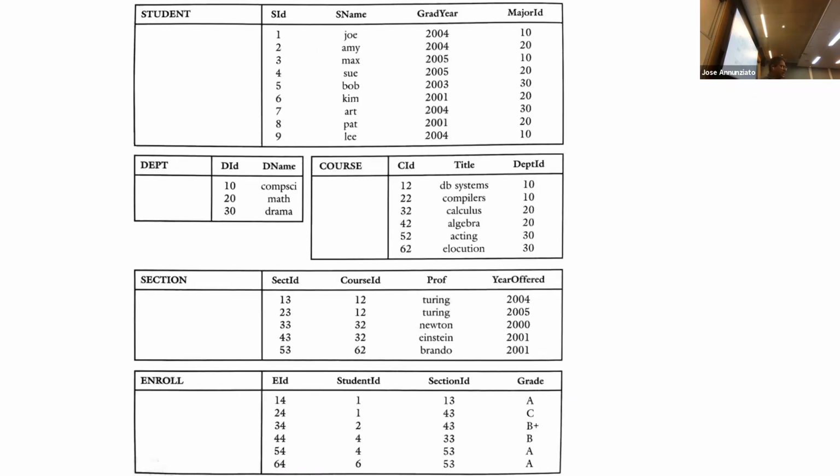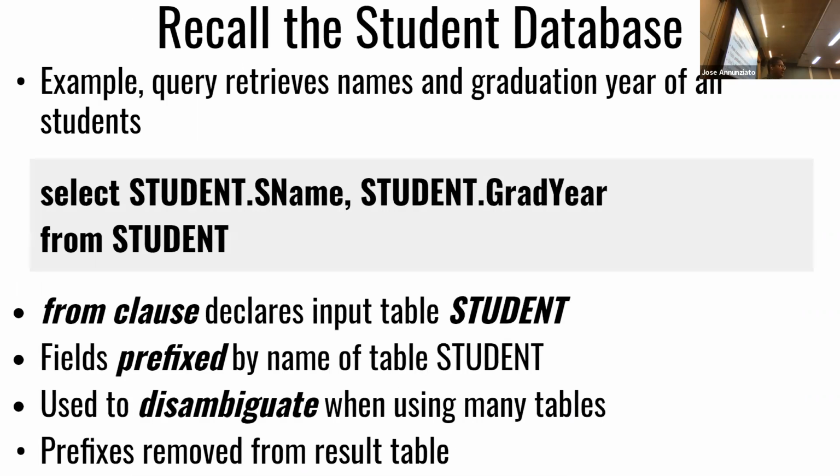We are going to be using the same database that we've been using for the last couple of weeks. Here's an example of doing a select student name, student graduating year from student. Notice that we're listing the fields, student name and graduation year, and we are prepending in front of each field the name of the table, student dot.